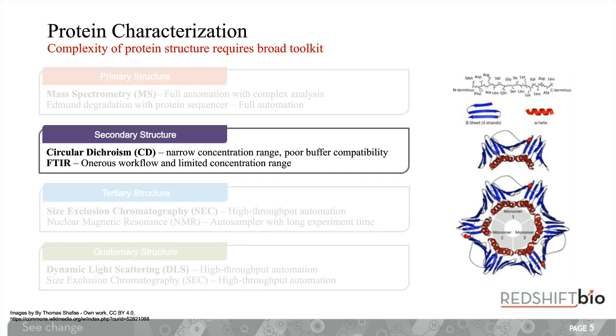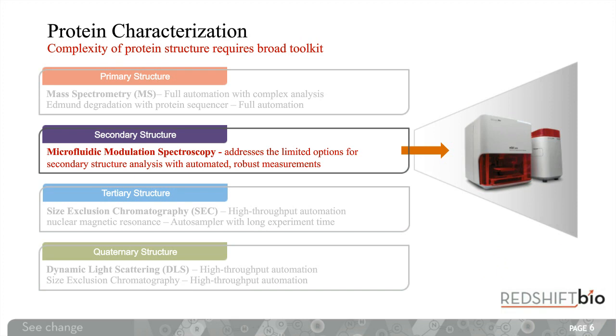This has meant that Fourier transform infrared spectroscopy until this point has had quite limited use in the protein workflow and is one of the key problems that microfluidic modulation spectroscopy seeks to solve. These issues have meant that until now, infrared spectroscopy has not been an appropriate technique to apply to the majority of protein-based samples, perhaps at lower concentrations.